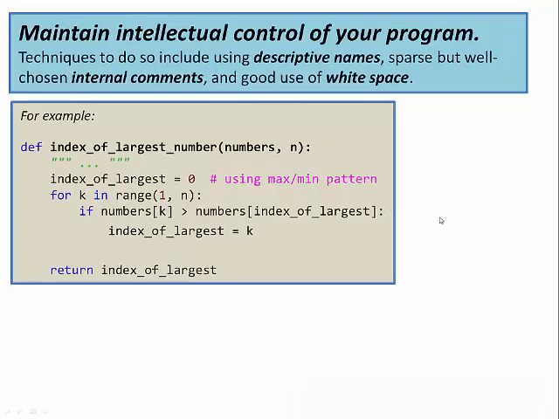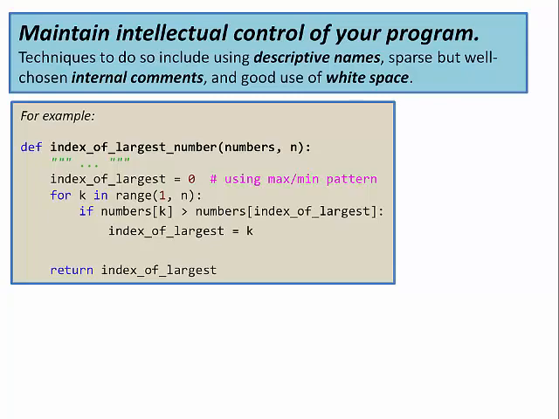The fourth and last of the good practices I'll talk about to help you avoid debugging is to maintain intellectual control of your program. Now that's a hard thing to do, but the simplest part of it, the least part of it, is to use descriptive names, use sparse but well-chosen internal comments, and use white space well.